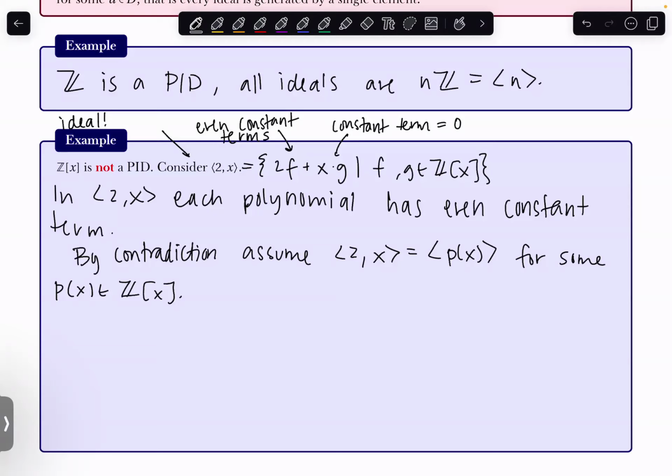So in particular, if I have this as 1 and this as 0, I know 2 will be in there. And if this is 0 and this is 1, I know x will be in there. So as soon as you have unity inside of your coefficients, then any ideal generated by elements, those elements always have to be in your ideal. Okay, so here, we're going to take the fact that 2 is in your ideal.